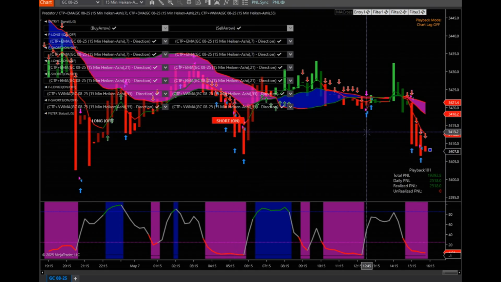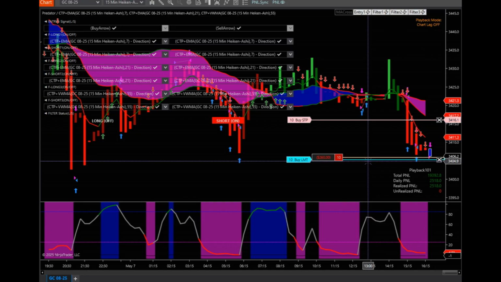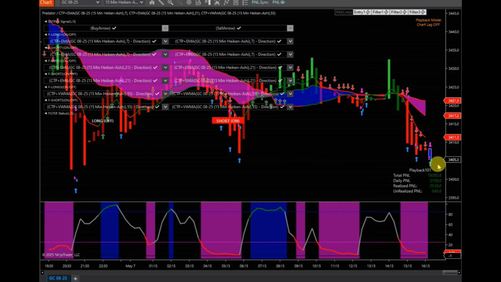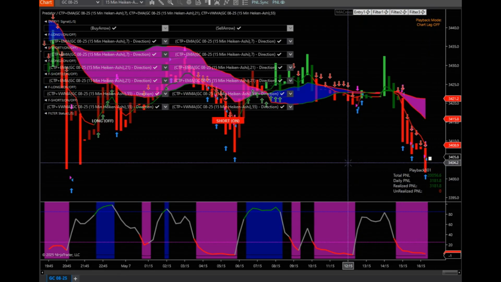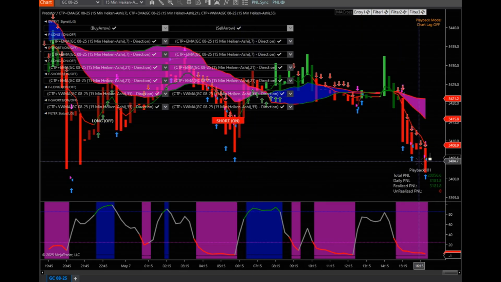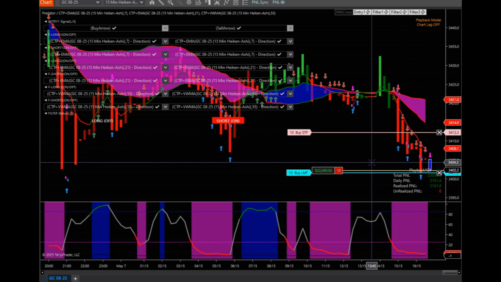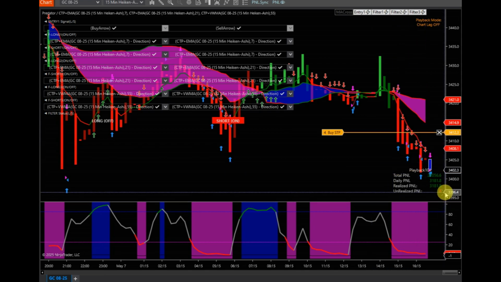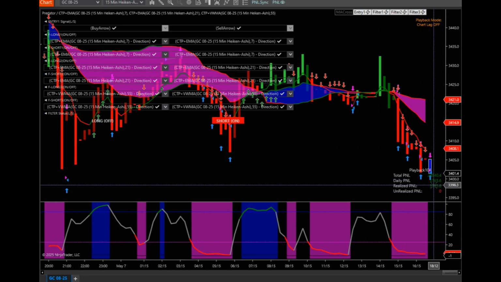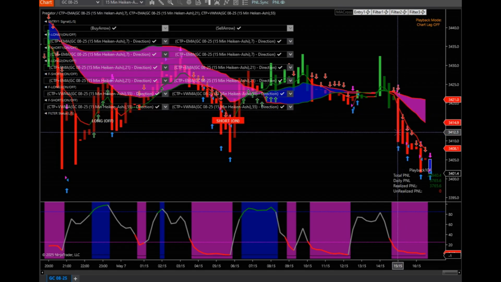Short is still turned on because all conditions are still true. So it just took another trade here. Alright, short is still turned on because all conditions are true. Okay, so this is only scalping.